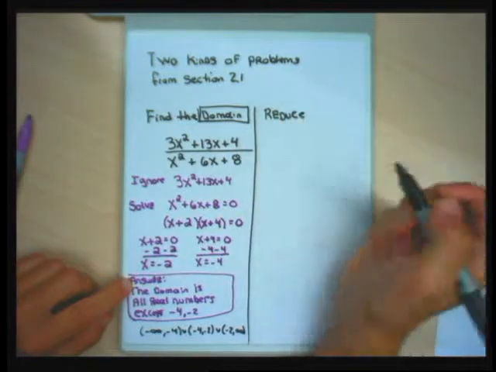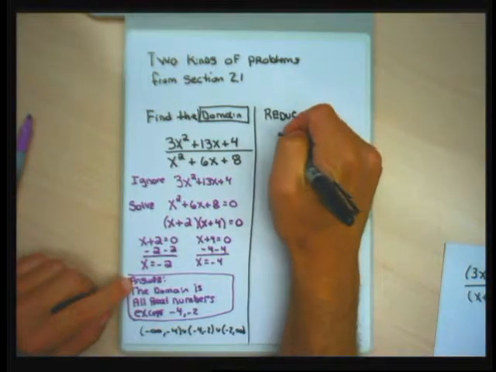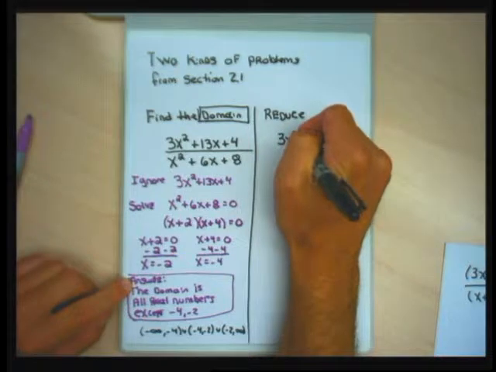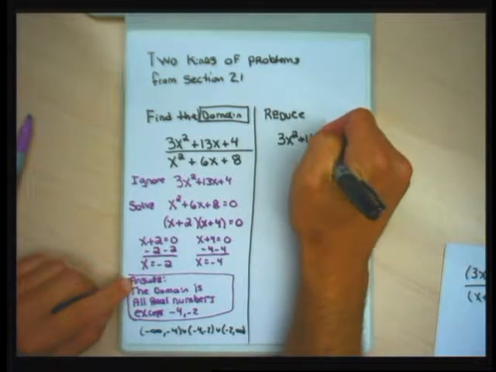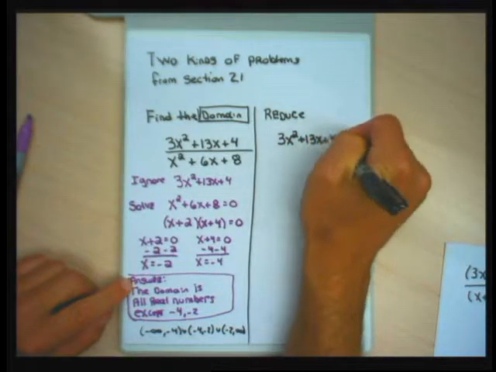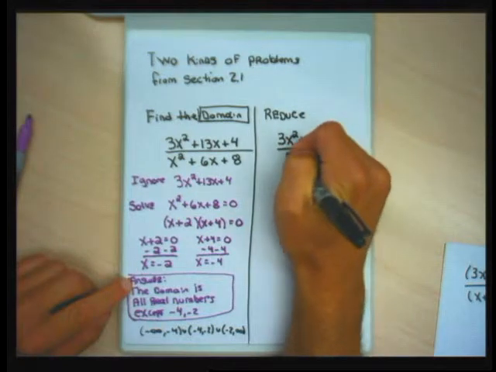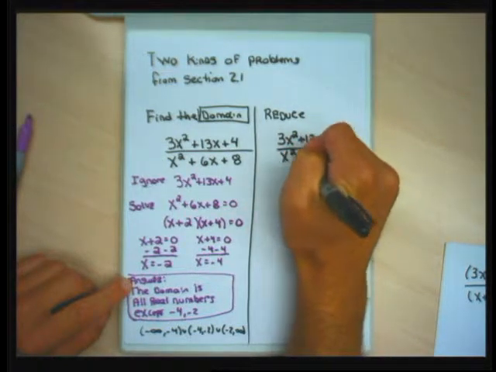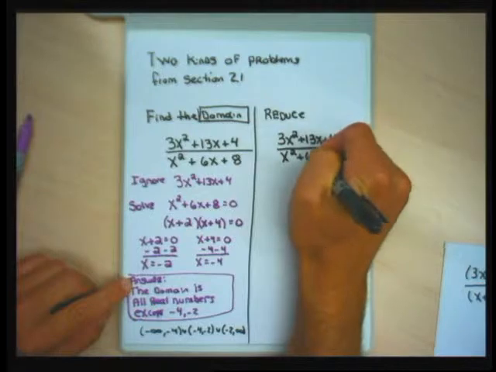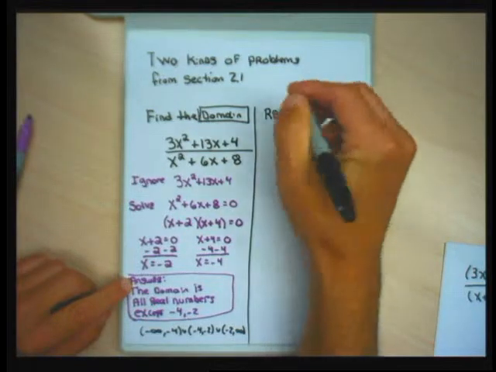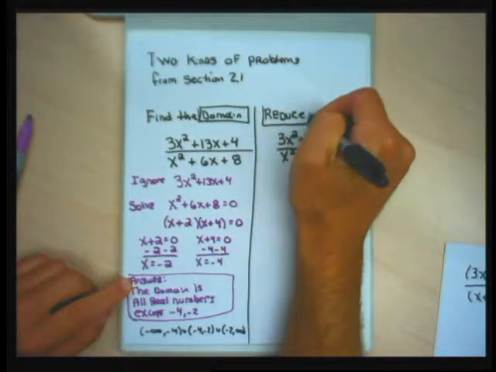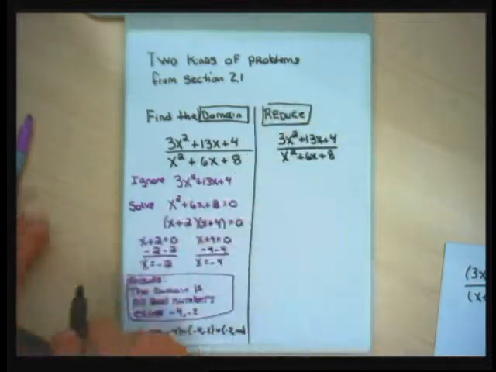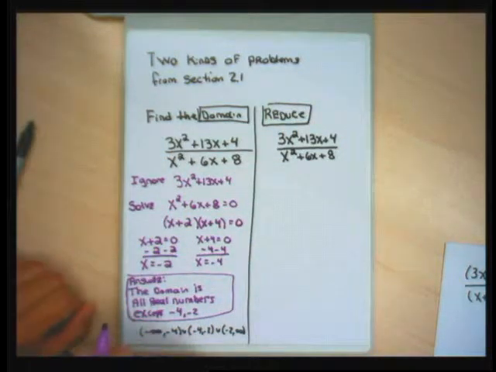So the second kind of problem we did in section 2.1 was to reduce fractions. Again, there may have been more words in the instructions than reduce, but the key word for the ending problems in section 2.1 is the word reduce.